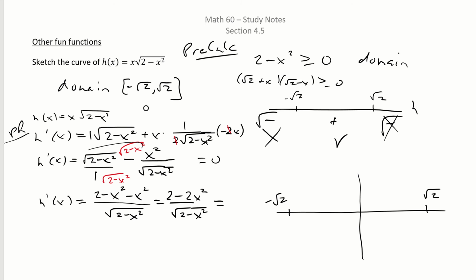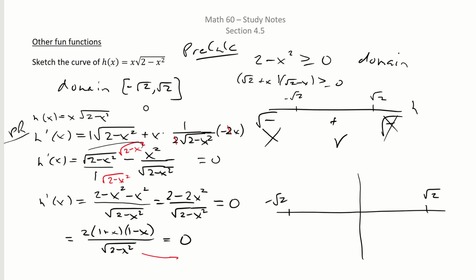And now we're going to play the game of where's that equal to 0? Well, you can go farther with the numerator. You can take out a 2, difference of squares, 1 plus x, 1 minus x. And downstairs is this guy. And you start feeling a little bit of the nice stuff about calculus. All right, so that's the first derivative.